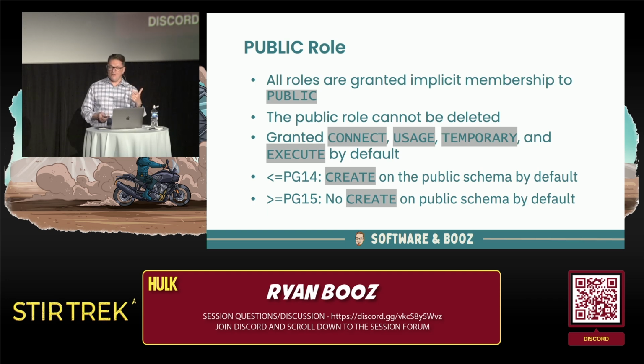And by default, it has these 4 privileges, again, from Postgres 15 and up: connect, usage, temporary, and execute. That means every single role that gets created is always a member of public.